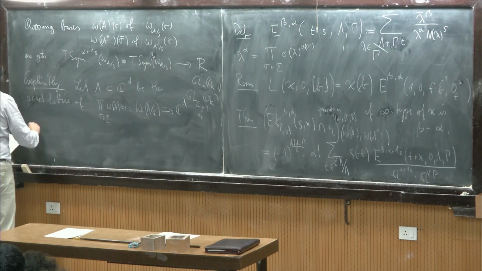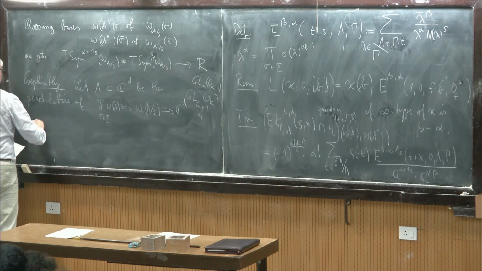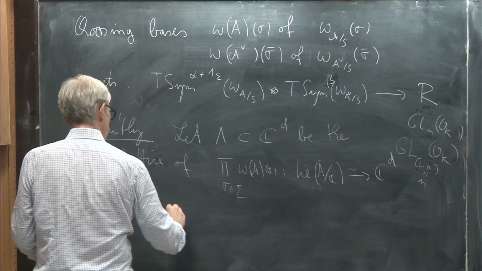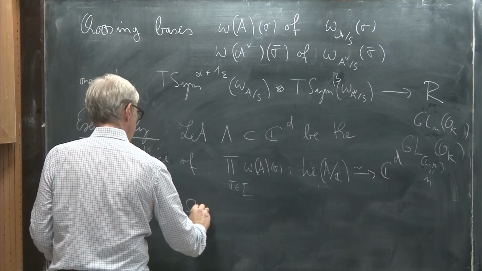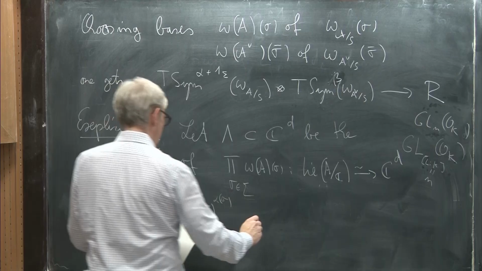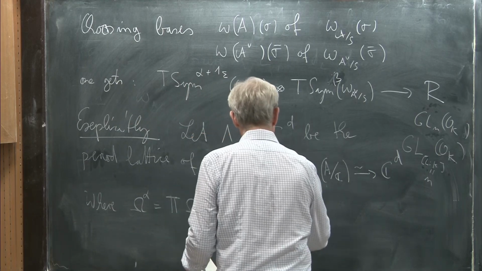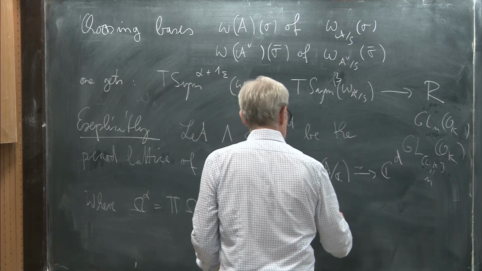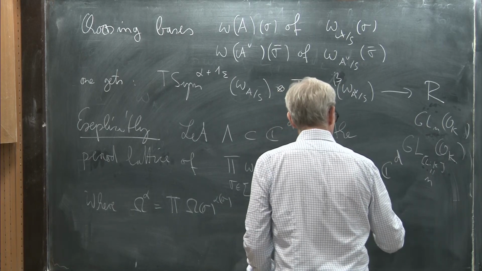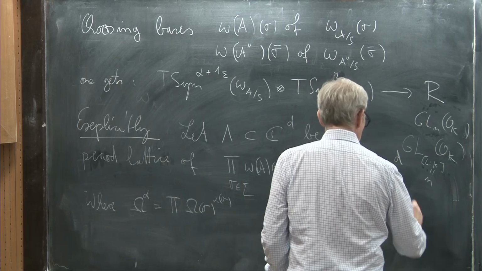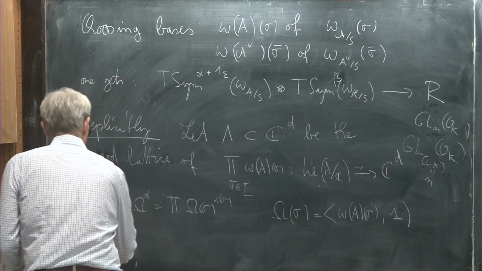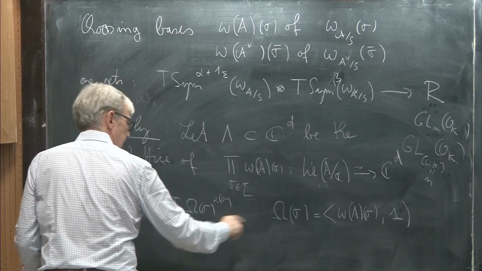So where omega alpha is the product over omega sigma alpha sigma, and I have to say what omega sigma is. Omega sigma is just the period pairing applied to 1 in this basis, so the element 1 in OL.